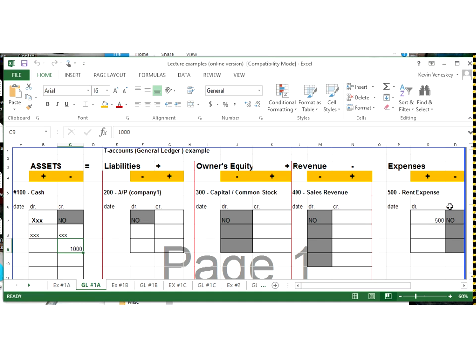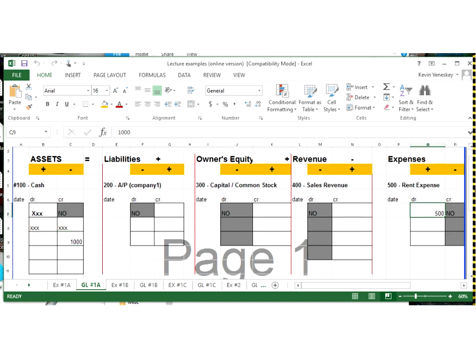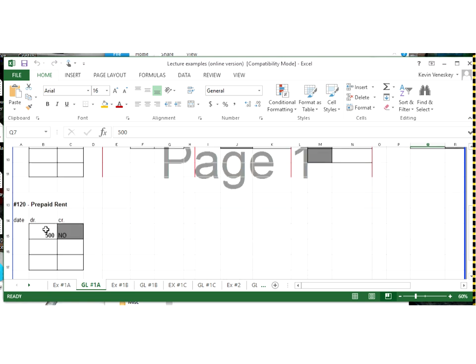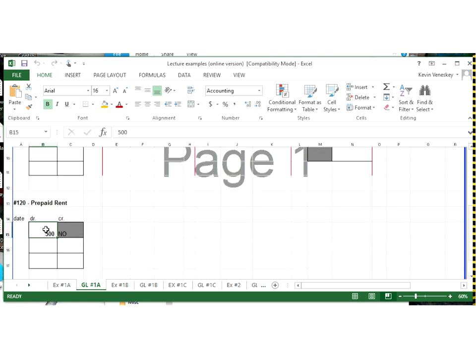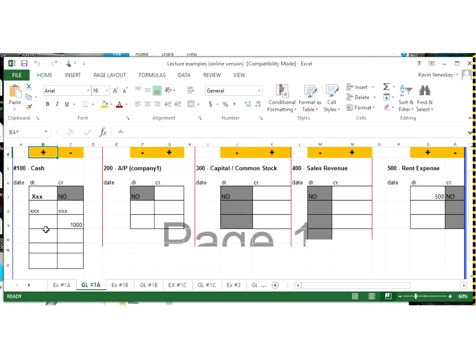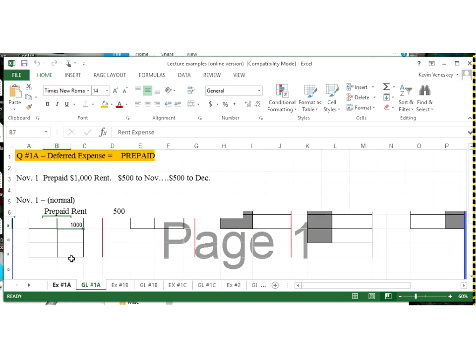We definitely have cash. So my two debits: I had a rent expense here for $500, and then I had my prepaid rent in the assets, just like cash, for $500. And then I credited my cash for $1,000.